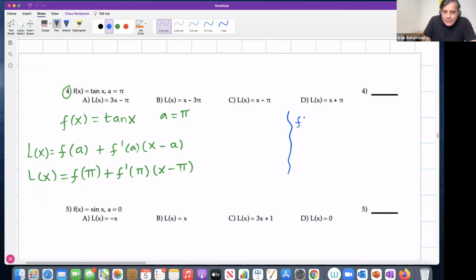What is f of pi? According to this formula, f of x equals tangent of x, so f of pi should be tangent of pi, right? But what is tangent of pi? Anyone could tell me? You can check on your calculator.